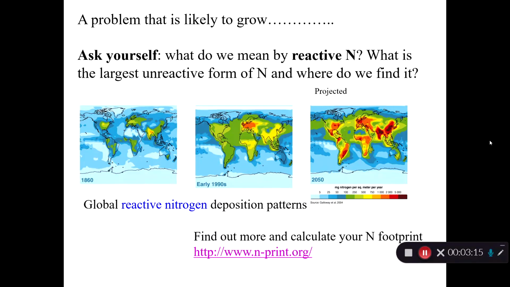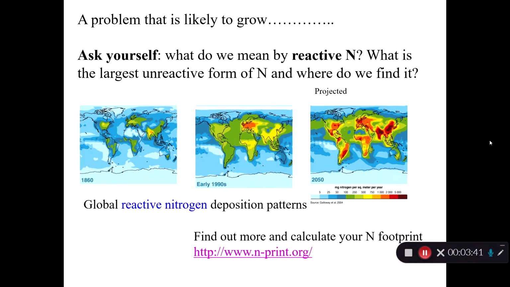And in this pattern here, we can see the global patterns of reactive nitrogen, both historically and then projected. So what you can see is the historic low levels of nitrogen in our marine systems and our terrestrial systems, and then the projected, these very high levels.